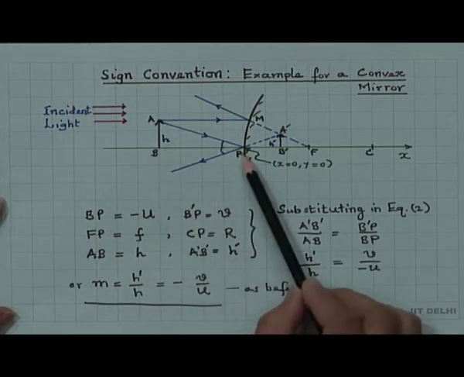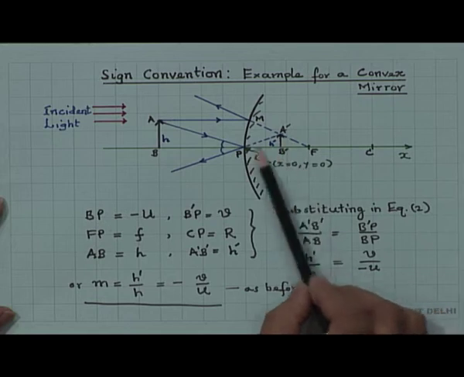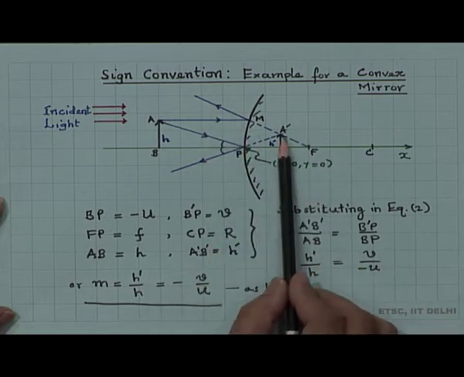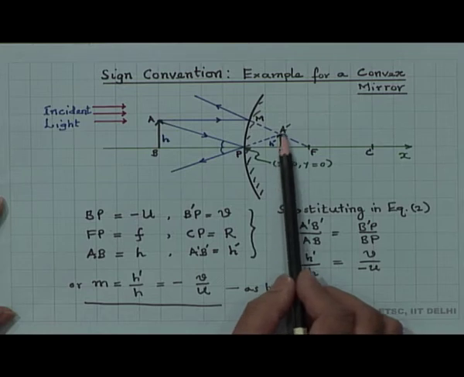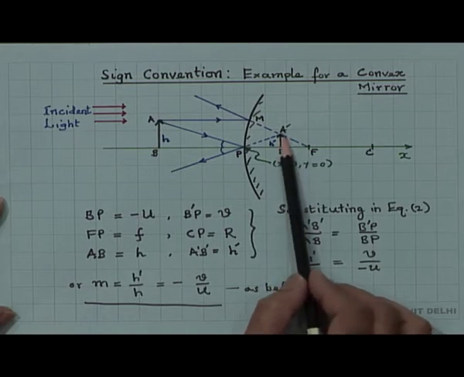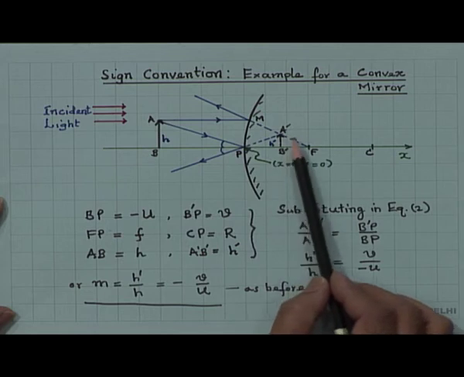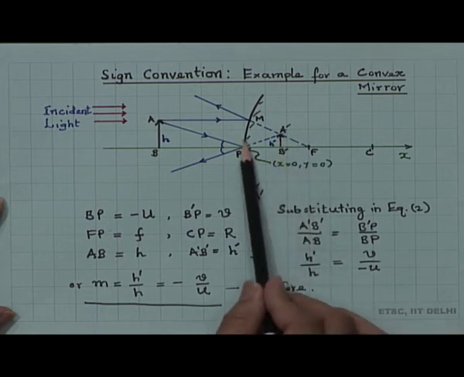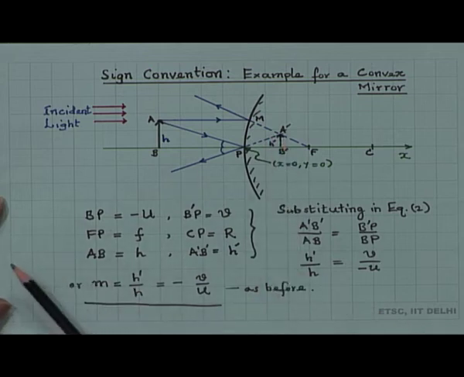But if we extrapolate them onto the other side of the mirror, they appear to come from the point A dash, and therefore a virtual image A dash B dash is formed on the back side of the mirror at a certain distance.